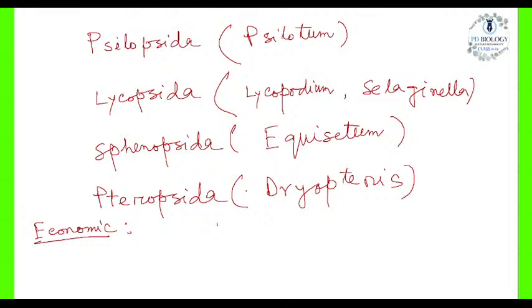So they are used in medicinal purpose, scouring and polishing metals. Equisetum is used as soil binders, ornamental plants, and biofertilizer. These are the important economic importance of pteridophytes.